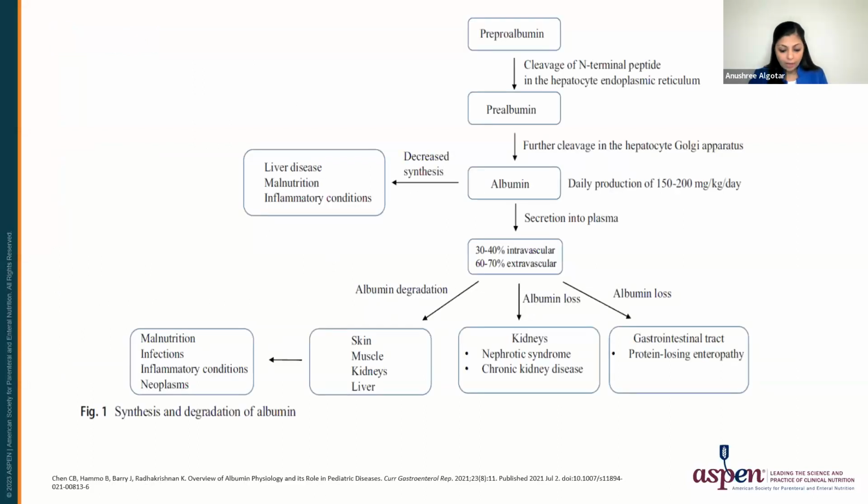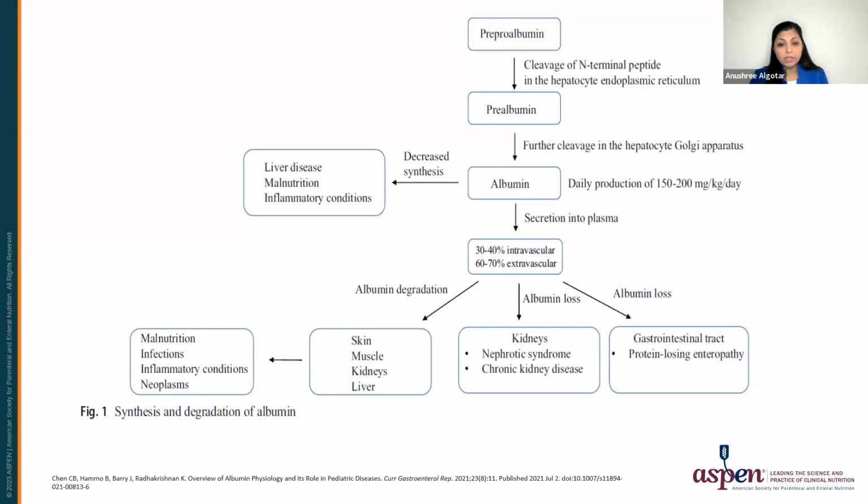A quick review of albumin synthesis and degradation is brought together in this flowchart. As you can see, decreased synthesis may lead to lower levels, and this may be seen not only in malnutrition, but also in liver disease and inflammatory conditions. Albumin is further secreted into the plasma and is distributed both intravascularly and extravascularly.